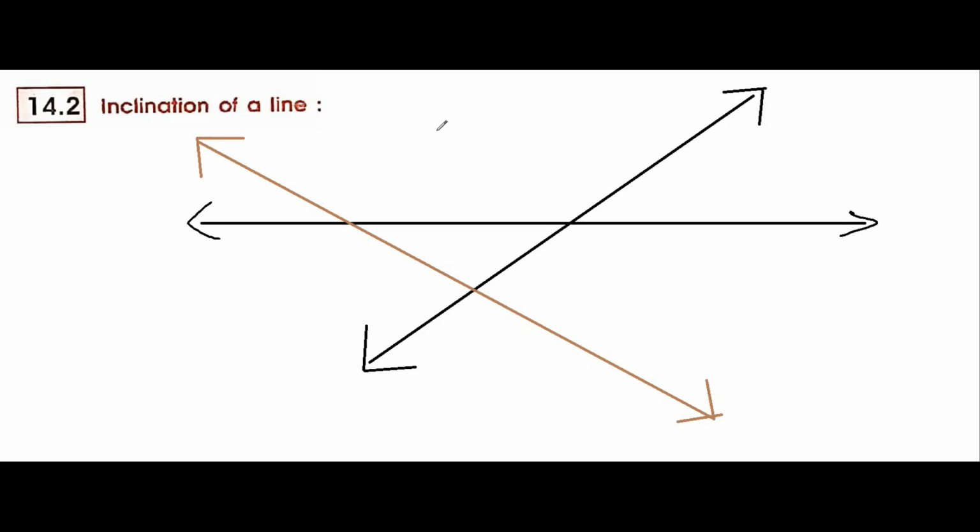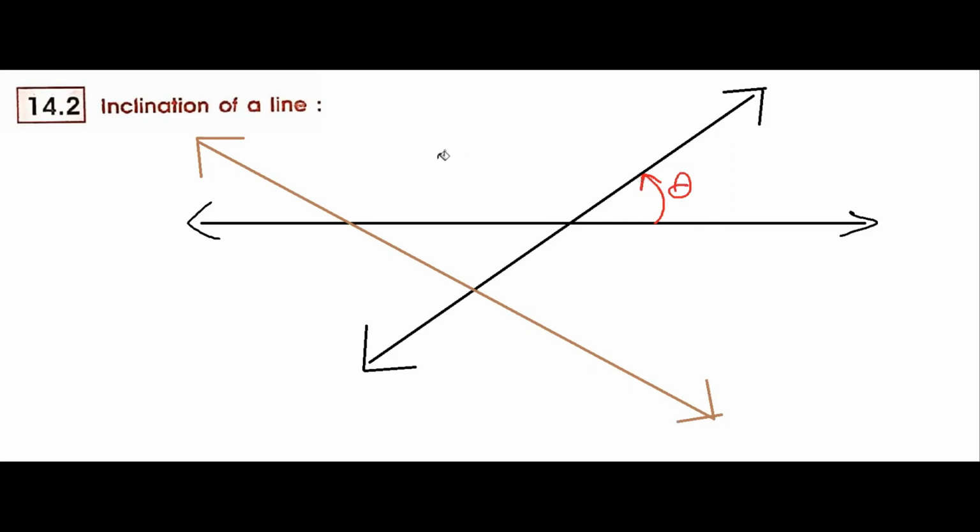These lines are making an angle with the positive direction of the x-axis. I am going to measure this angle from the positive direction of the x-axis.